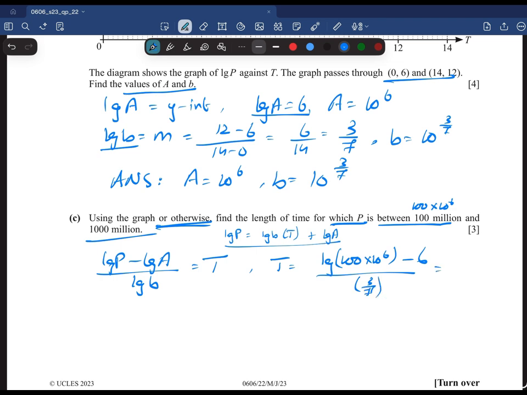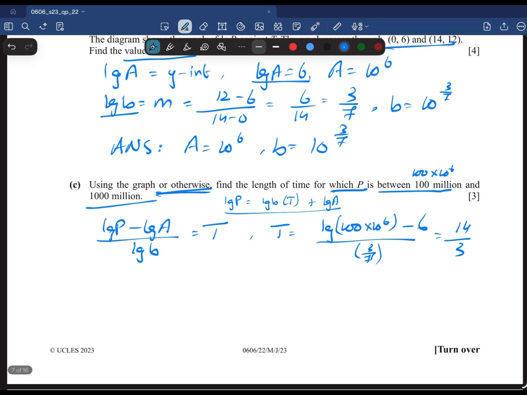So we get the answer for this as, hold on, lg(100 into 10 to the power 6) minus 6 upon 3 over 7. We get 14 upon 3.